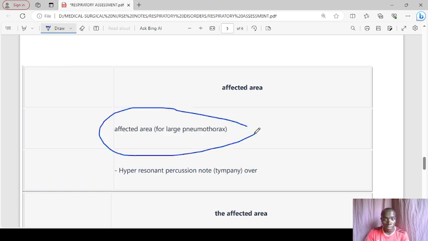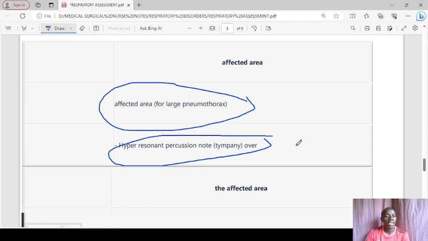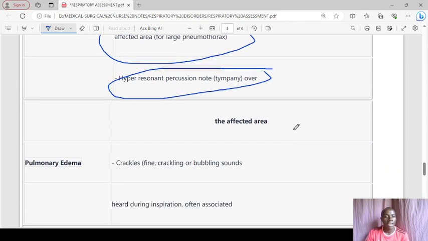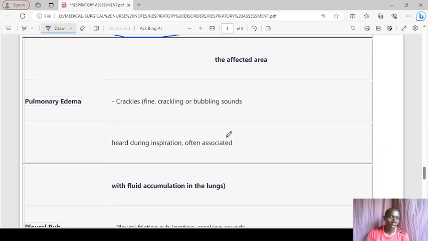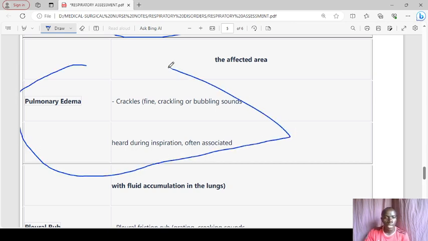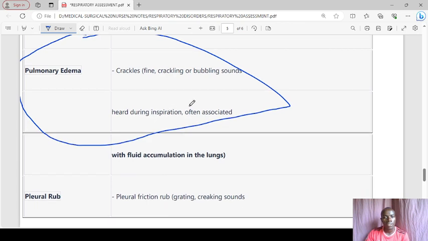So that's for a larger pneumothorax. And then you could have hyperresonant percussion notes over the affected area. Next we have pulmonary edema. In pulmonary edema, you have crackles.